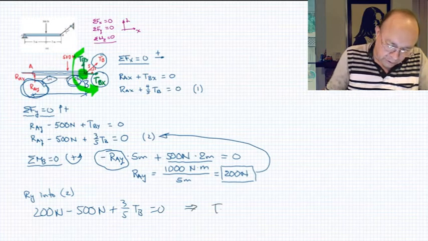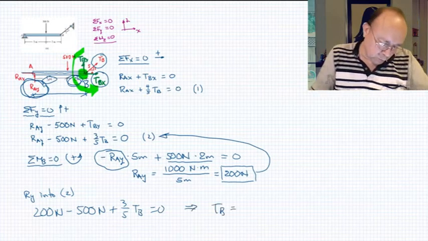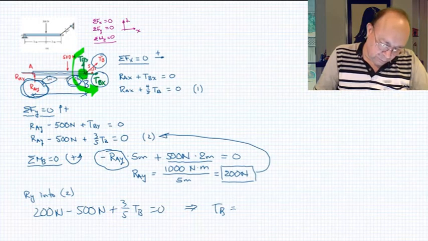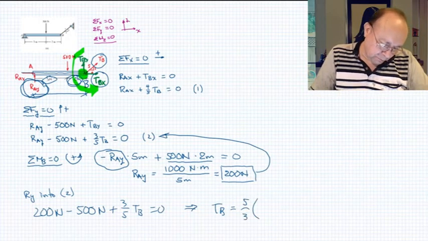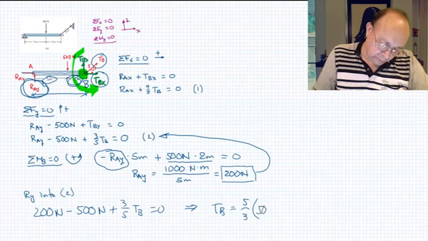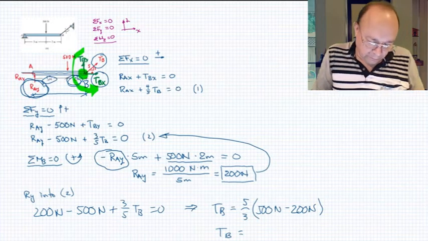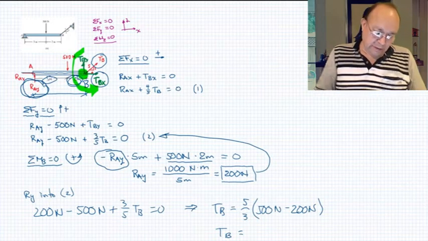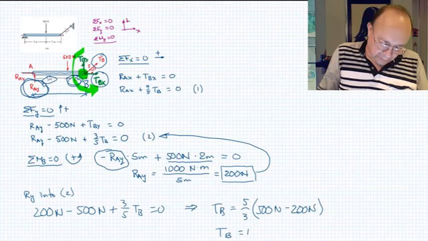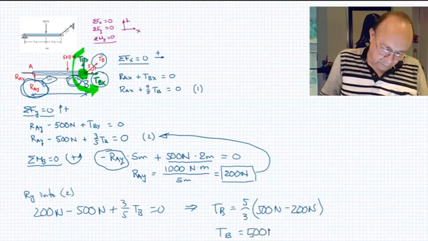Therefore, TB equals 5 over 3 times 500 minus 200 newtons. So TB will be equal to 500 minus 200 is 300, divided by 3 is 100, times 5, so 500 newtons.